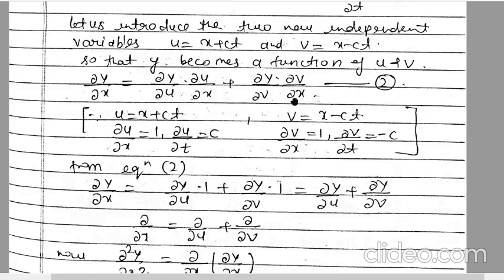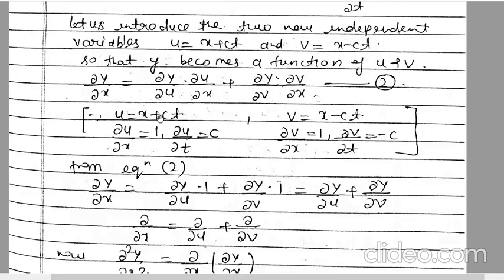If y is a function of u and v, then we write the partial derivative del y upon del x by the chain rule. That means if y depends on u and v, then del y upon del x is del y upon del u into del u by del x plus del y upon del v into del v upon del x. This is the second equation.